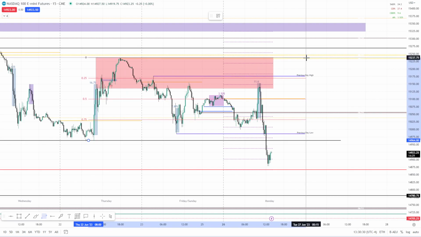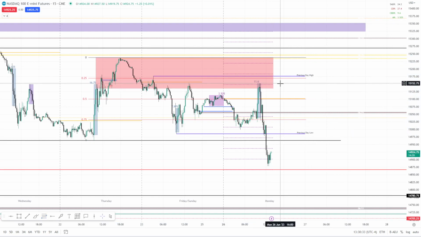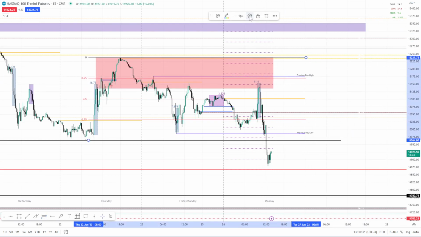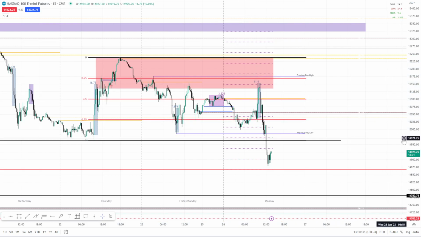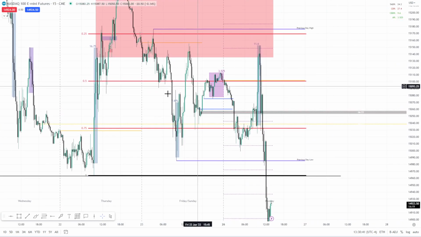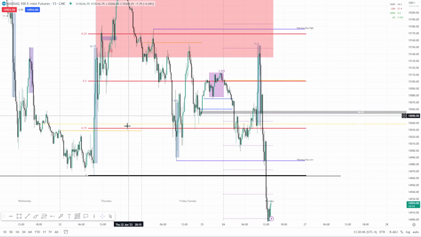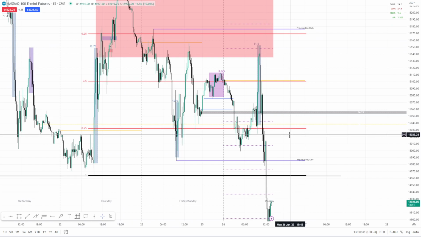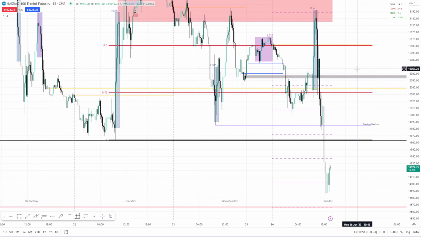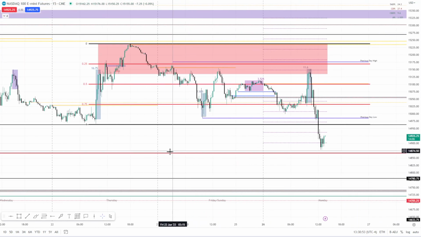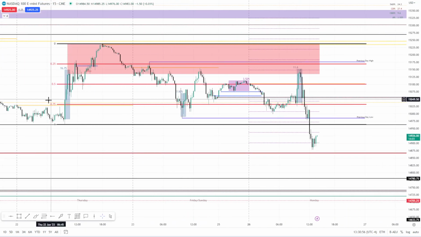I would suggest putting a fib tool on it because it's going to give you added confluence for how price is reacting based off of the equilibrium, the premium, and the discount area of that range. And so as you can see, as price moves within that range, it's going from areas of discount to premium and just kind of staying within the range.